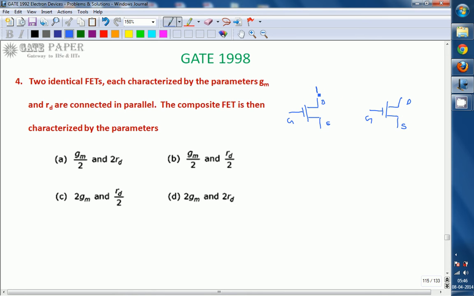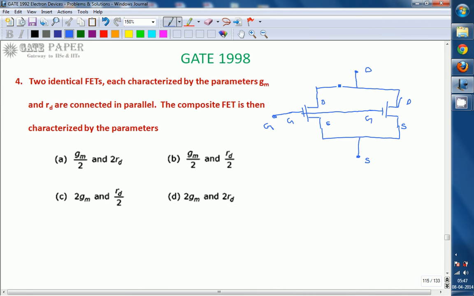Both connected in parallel means the drain and drain are the same, the sources are the same terminal, and the gates are also the same. So this is now treated as a single terminal D, this as a single terminal S, and this is the overall terminal G. So this is the composite FET when two FETs are connected in parallel.